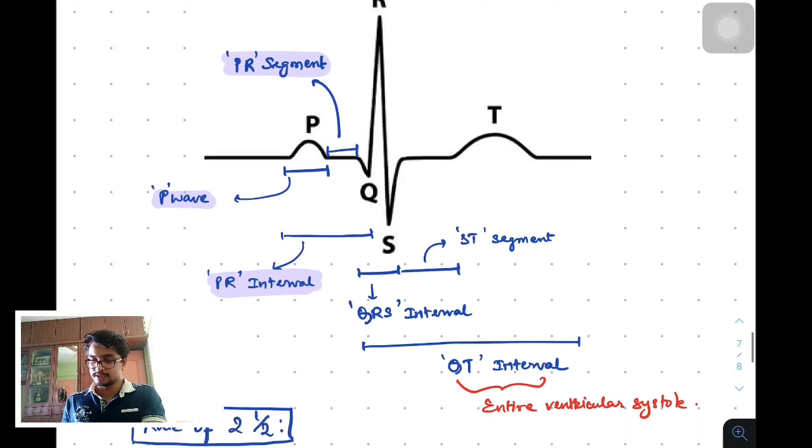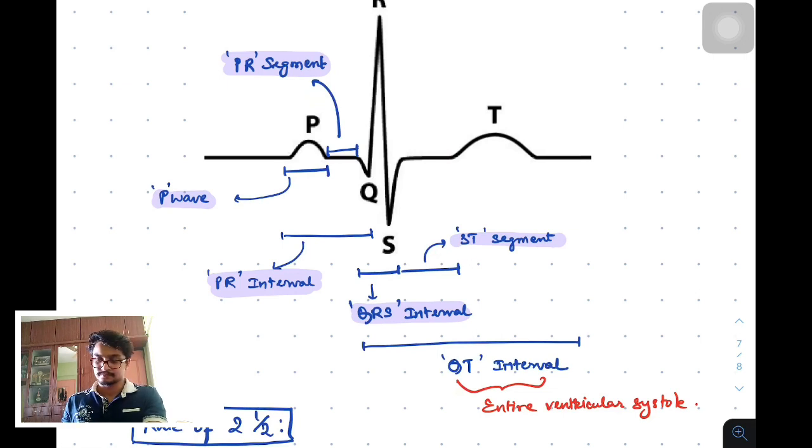Then we have the QRS interval, that is the duration of the QRS wave. Then we have the ST segment, between the end of the S wave and the start of the T wave, that is the isoelectric line denoting the complete depolarization of the ventricle.